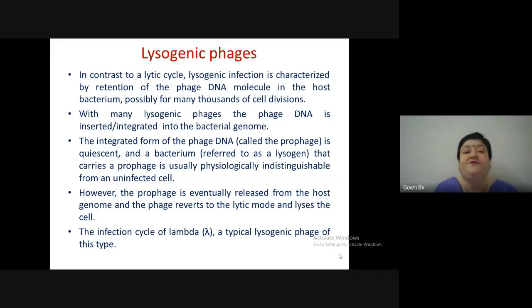The integrated form, called the prophage, is quiescent, and the lysogen is usually physiologically indistinguishable from an uninfected cell. However, the prophage is eventually released and the phage reverts to the lytic mode and lyses the cell.